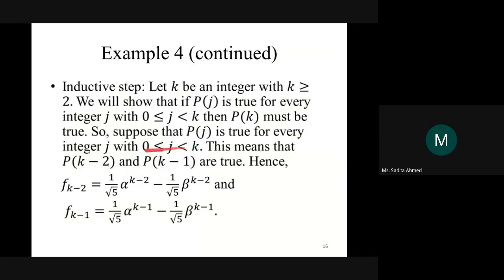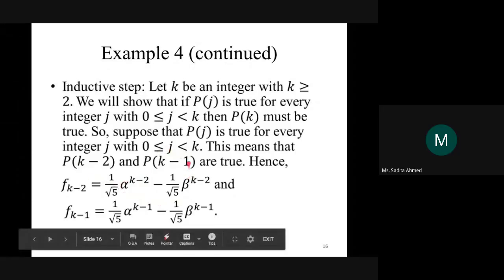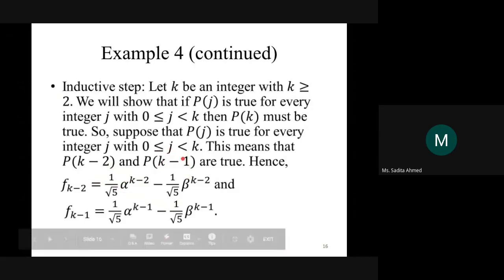The assumption is for this range, right? We are assuming that the statement is true for this range. Are k minus 2 and k minus 1 within this range, guys? Yes. K minus 2, k minus 1, it's in this range, right? K minus 2 and k minus 1 are less than k. So k minus 2 and k minus 1 will be covered within this range.